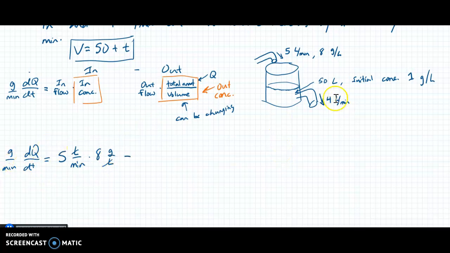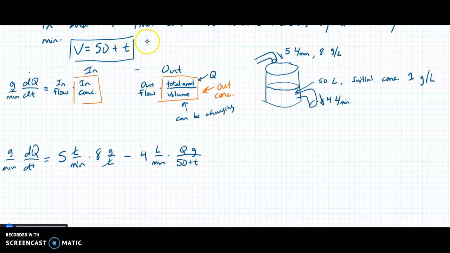Minus, all right, outflow rate is 4 liters per minute times, all right, let's see, what do we have here? Amount is Q, grams per volume. Oh, we just figured out the volume is 50 plus t. So 50 plus t.